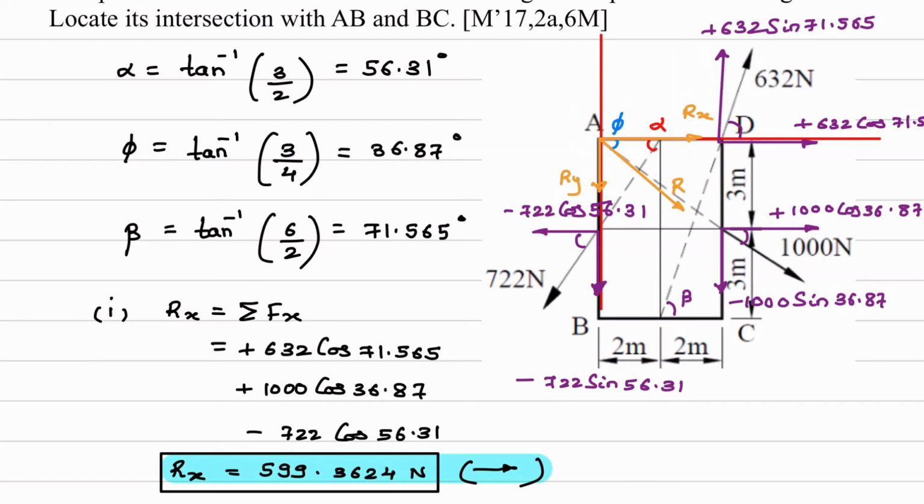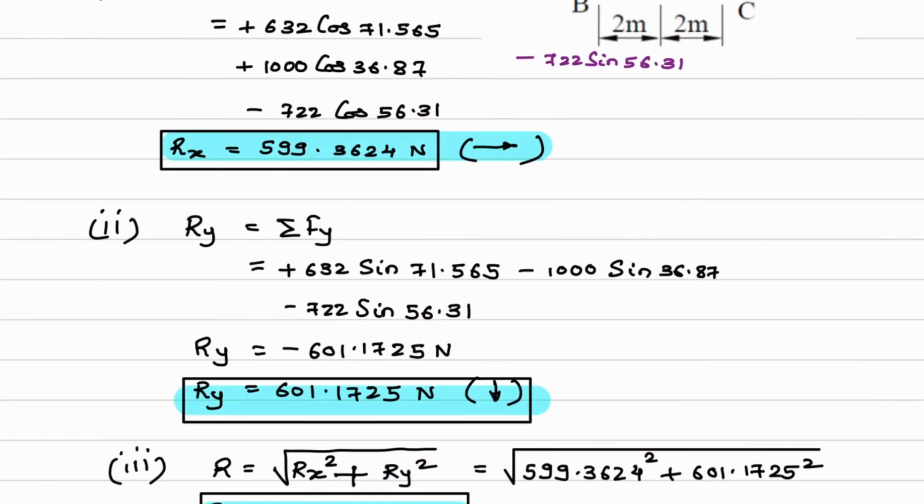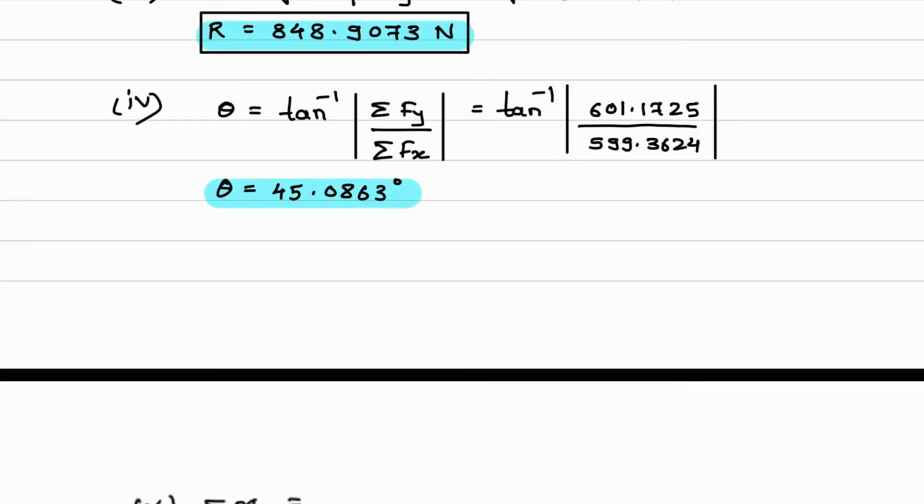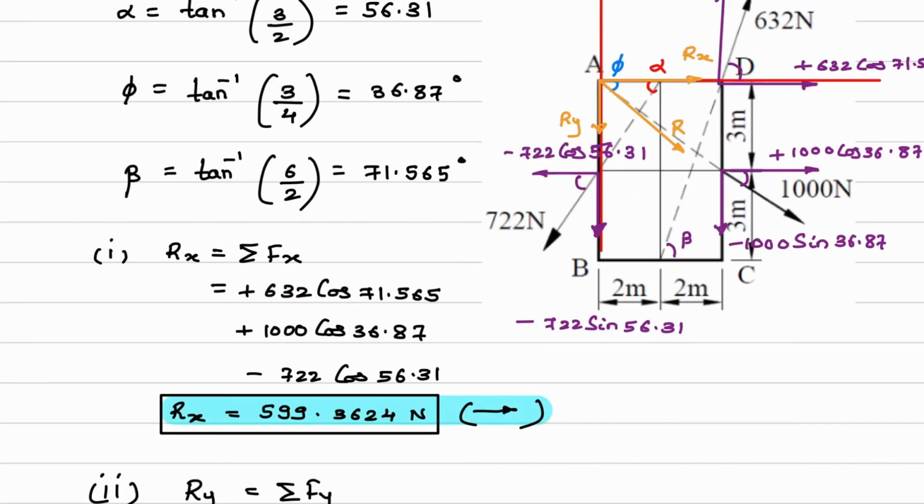Axis is about point A. So we'll calculate summation of moment about point A. So we'll write down summation of moment about point A. Now if you consider this 1000 Newton, the line of action of this 1000 Newton passes through point A. So moment of this 1000 Newton will become 0.